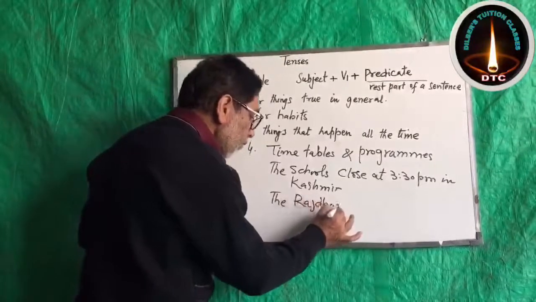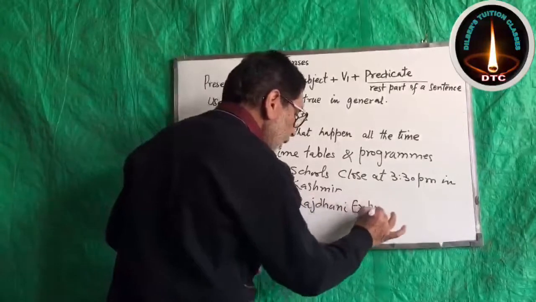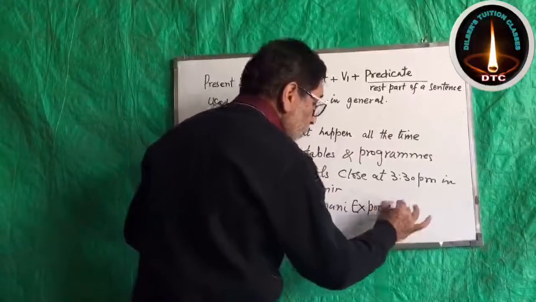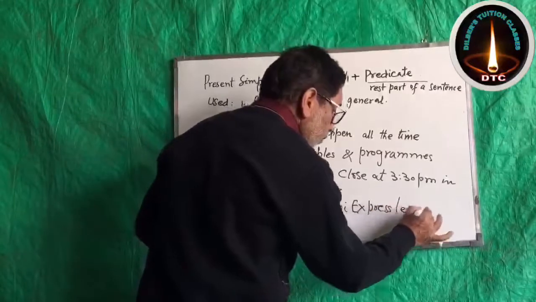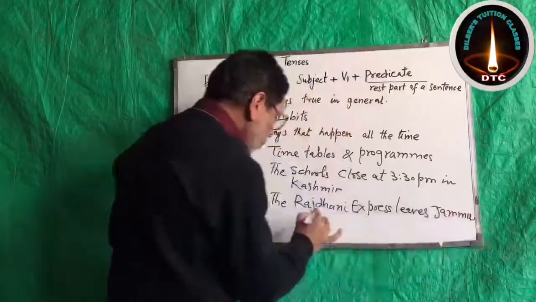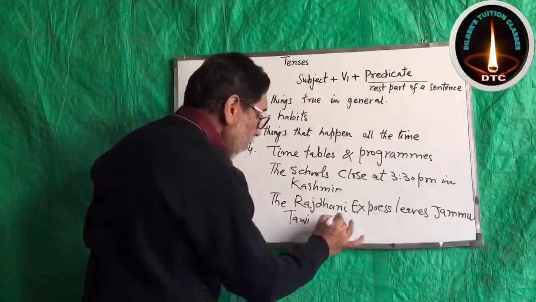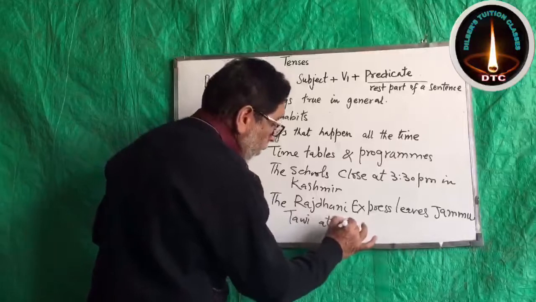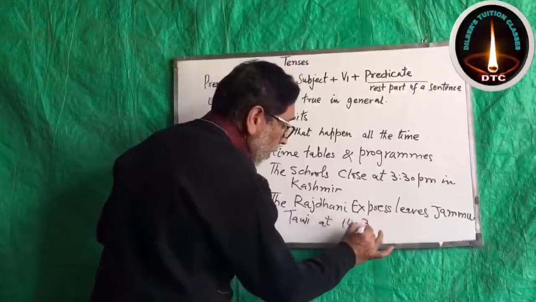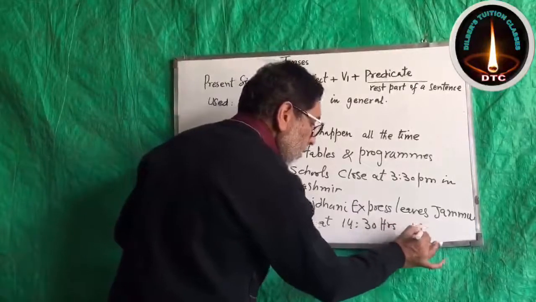Accordingly, you can say the Rajdhani Express. This is a train. Rajdhani Express leaves Jammu Tawi at 14:30 hours daily.